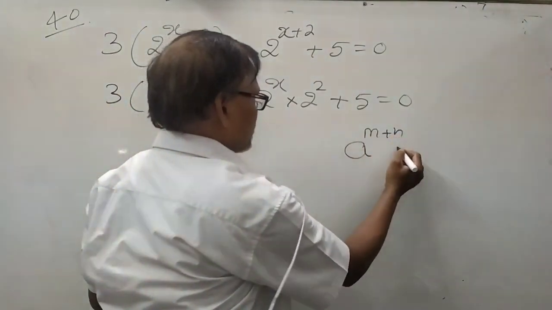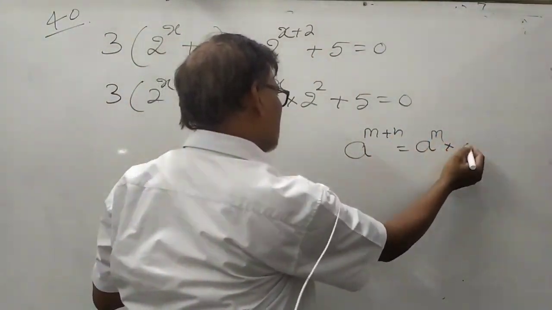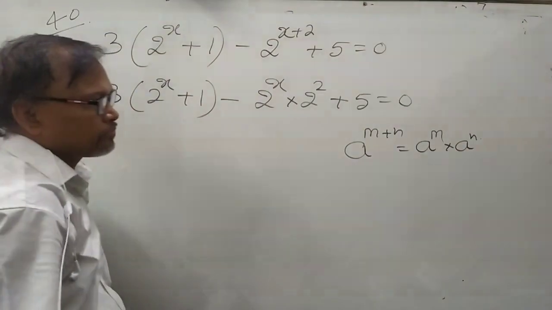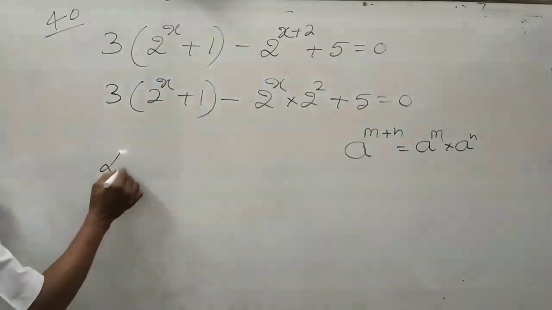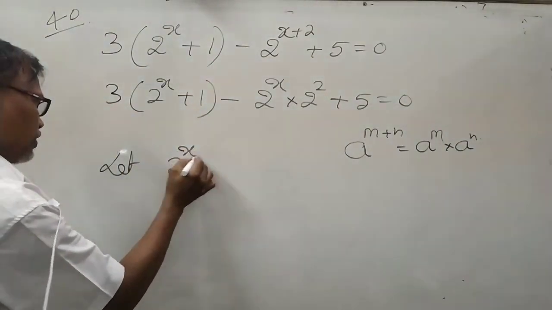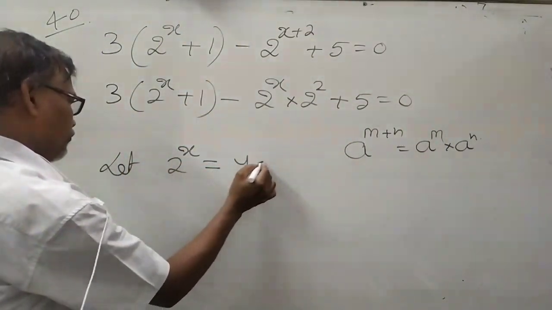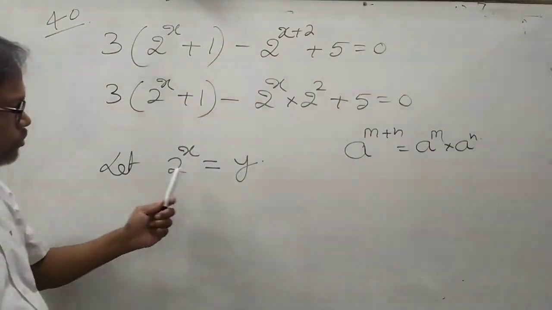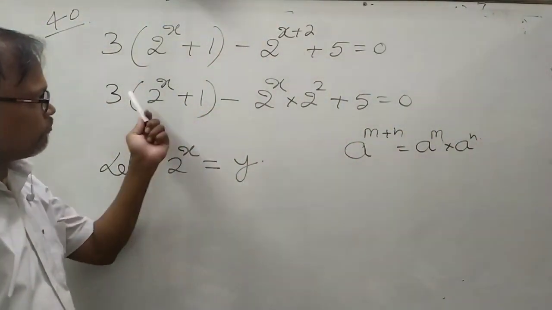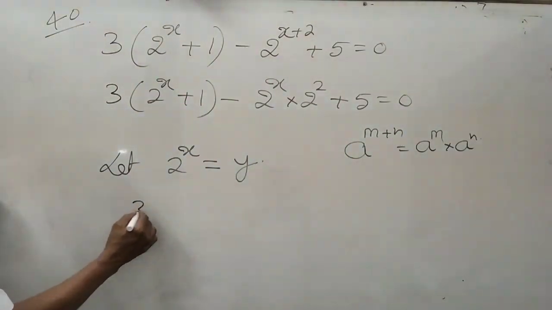Can you write? ऐसे उल्टा लेके चलो, and then let 2 the power x is equal to y. इसको let करें. So in this equation now you put in place of 2 the power x, y. तो क्या हो जाएगा?